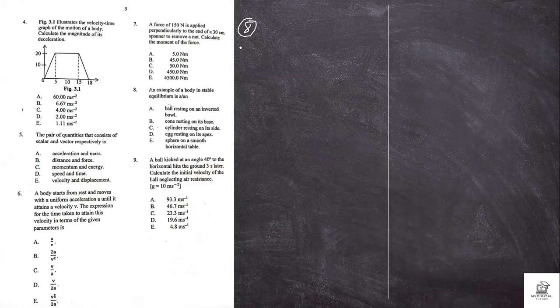Option A says a ball resting on an inverted bowl. So let's say we have a bowl like this that is inverted, and you have a ball here. Can we say this ball is stable? What if I displace it in this direction? Will it come back to this position? No. Therefore, it's wrong.